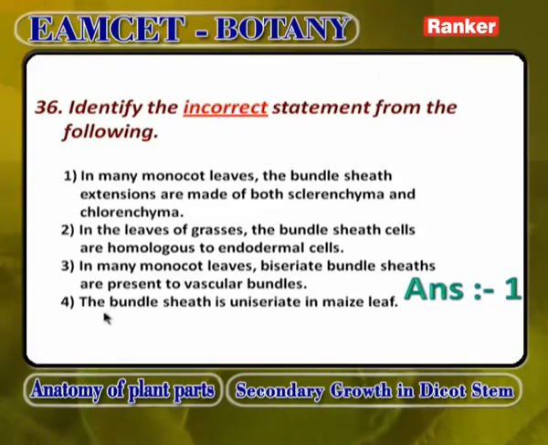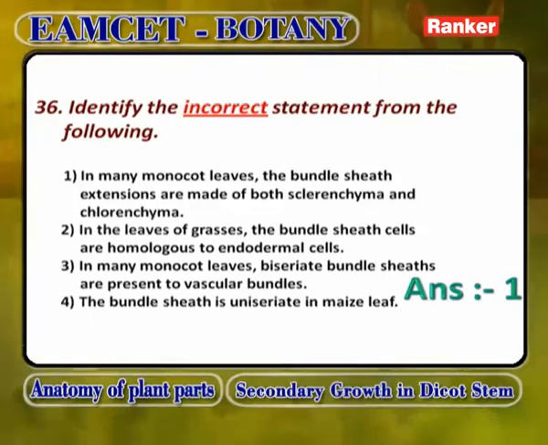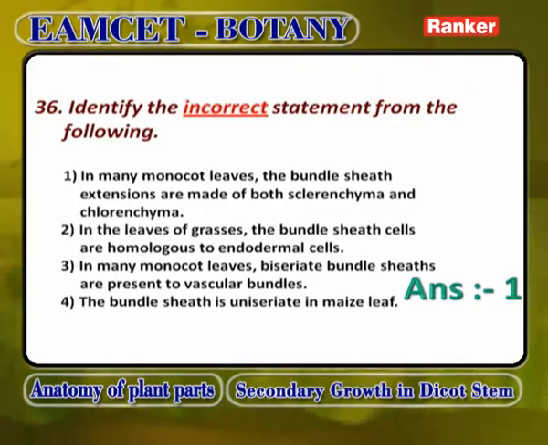So, wrong is: in many monocot leaves, the bundle sheath extensions are made up of both sclerenchyma and chlorenchyma. It is made up of sclerenchyma and parenchyma. In a dicot leaf, bundle sheath extensions running from endodermis or bundle sheaths to upper and lower epidermis are parenchymatous, whereas in monocot leaf, the bundle sheath extensions are sclerenchymatous. So, the incorrect statement among these 4 is the one about many monocots.